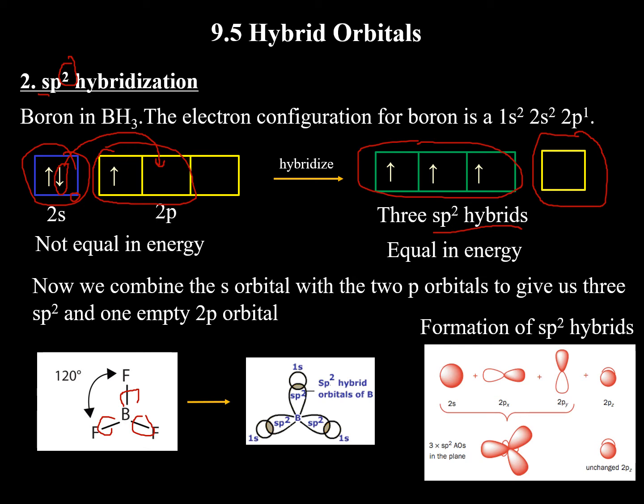Now the electrons from the 3 hydrogens, or you can say fluorines as well, I guess we'll look at the hydrogen, can come in to form bonds, and we're left with an empty p orbital. This is the bird's eye view, looking from the top. This is one of the p orbitals, pz. It can be arbitrary, it can be px or py. In this case, they chose pz to be unchanged.